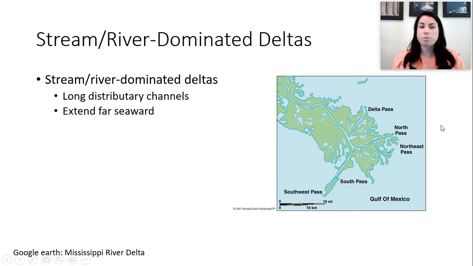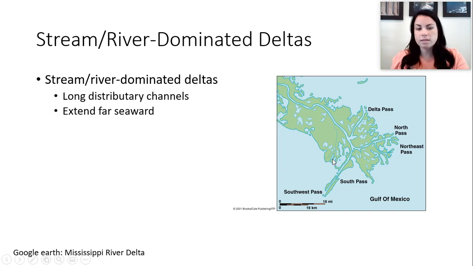Okay, so in a stream or river-dominated delta, we have long distributary channels, and they extend far seaward. So here's a cartoon-ish picture of the Gulf of Mexico over here, and this is the Mississippi River Delta. You can see how this river delta has created these channels and has basically deposited and created all this landmass.